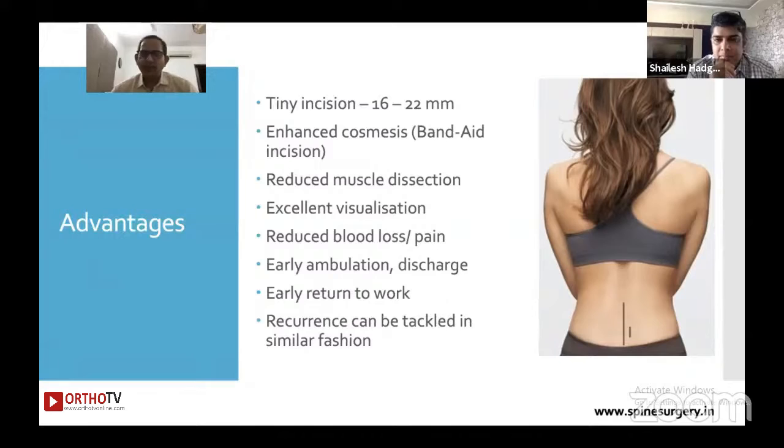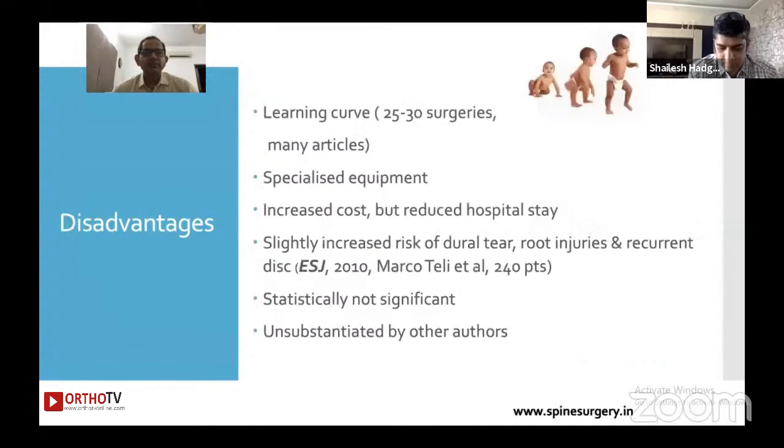There is significantly low blood loss, and the pain is far, far more tolerable. The patients are able to walk early. In actuality, they are able to walk within the first 3 to 4 hours only, and they are able to go home early. They can return to work in an early manner, and the recurrence, if it has happened, can also be tackled in a similar fashion.